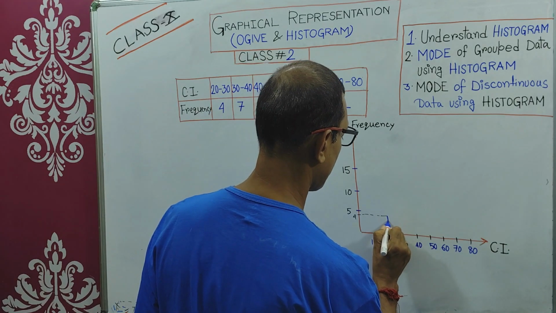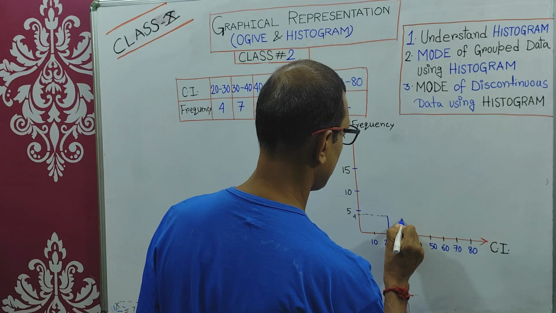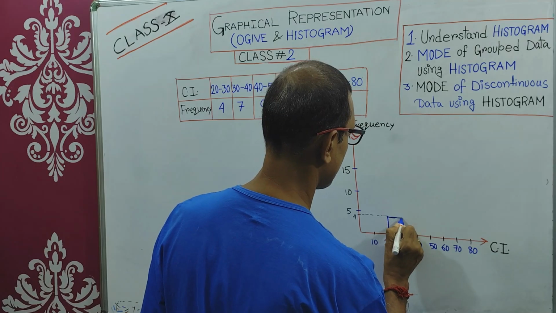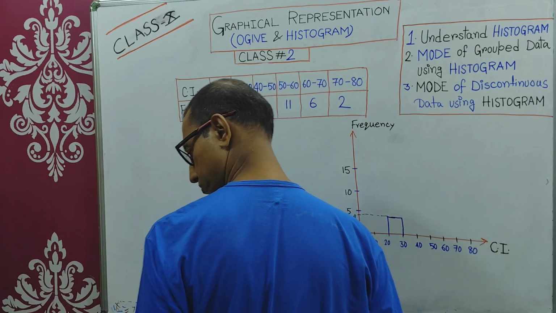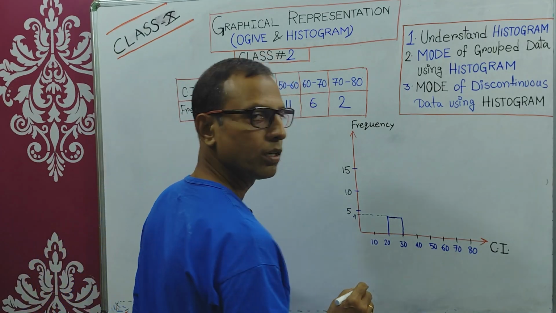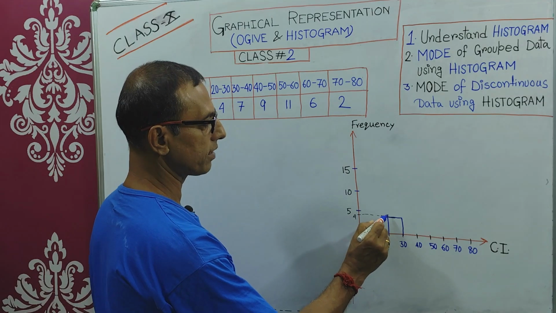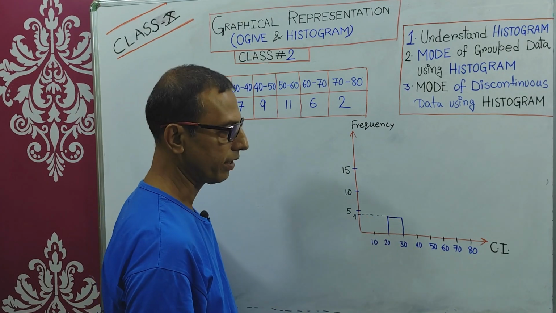So 20 to 30 looks like this. This class interval has the same frequency, that is 4. It's like a rectangle.